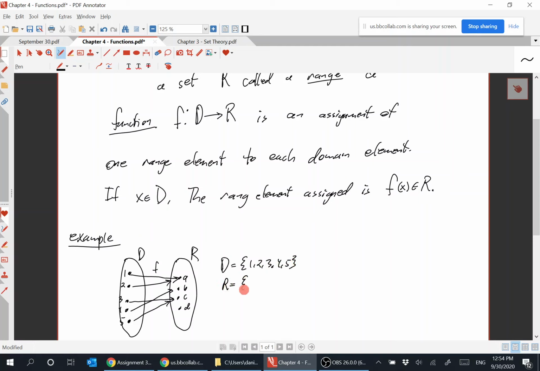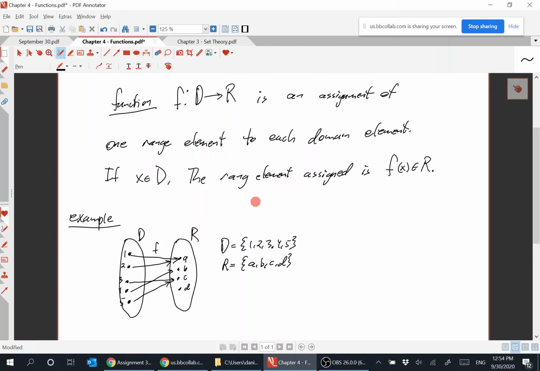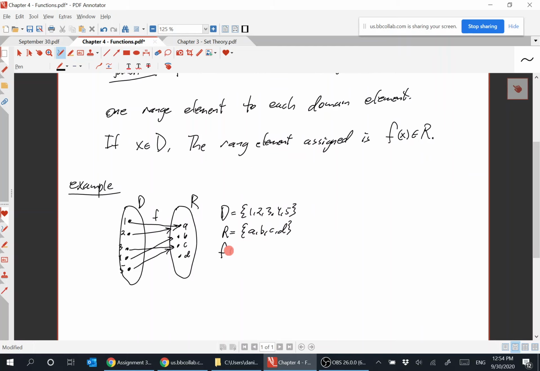The range is A, B, C, D. F of 1 is A, F of 2 is A, F of 3 is C, F of 4 is B, F of 5 is C. And notice that nothing goes to D, and that's just fine.